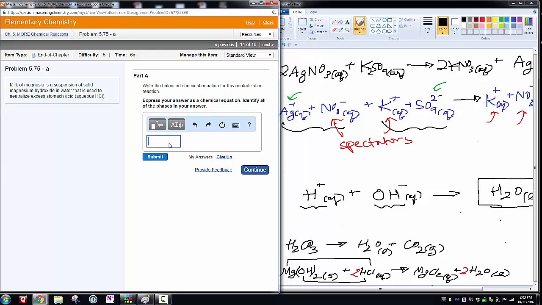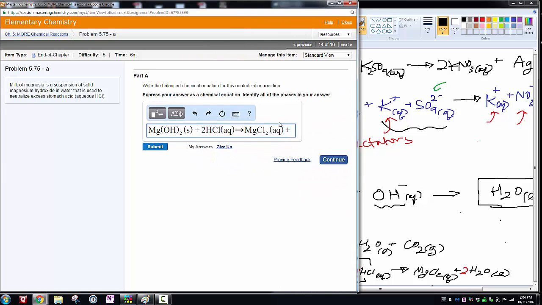Right, let's move that so I can see. Magnesium, just Mg. OH2 is a solid, plus 2 HCl's, aqueous, goes to form magnesium Cl2, aqueous, plus 2 H2O's.